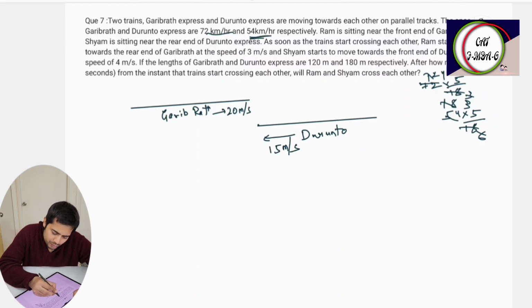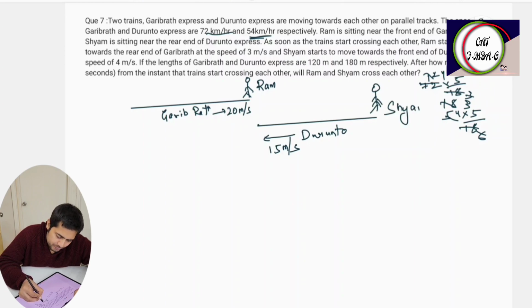Ram is sitting at the front end of Garib Rath, and Sham is sitting at the rear end of Duranto. As soon as the trains start crossing each other, Ram starts moving toward the rear end of Garib Rath at 3 meter per second.